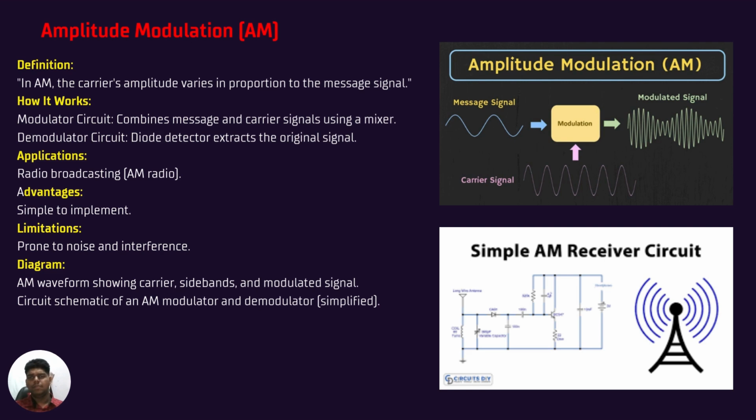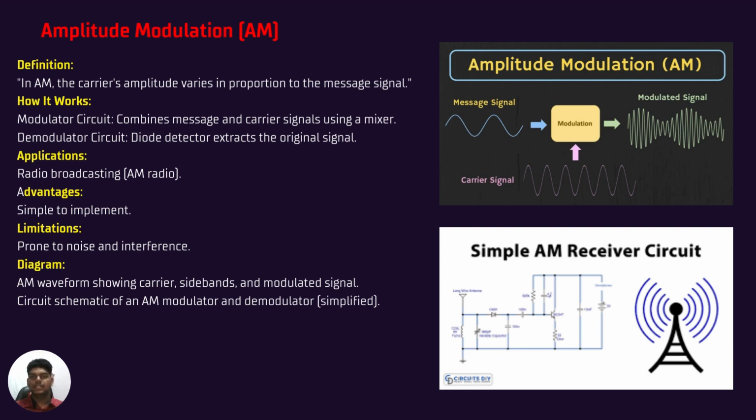Let's start with amplitude modulation, or AM. In AM, the amplitude of the carrier signal is varied in proportion to the message signal. The result is a modulated signal that contains both the carrier and the sidebands that carry the actual information. Here's how it works.